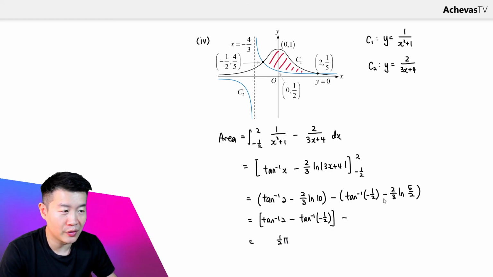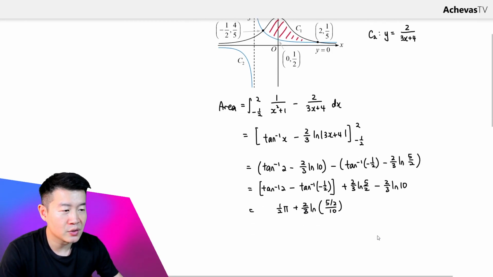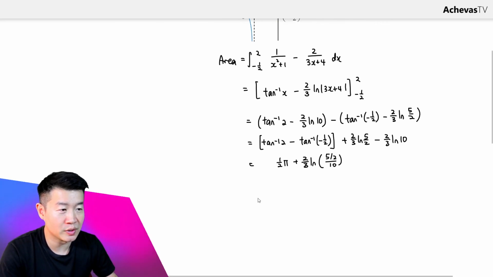Then I'm going to go for this and this, which is plus 2 over 3 ln of 5 over 2 minus away 2 over 3 ln of 10, which we can combine together. It will become 2 over 3 ln of 5 over 2 divided by 10. So let's do a quick simplification to this.